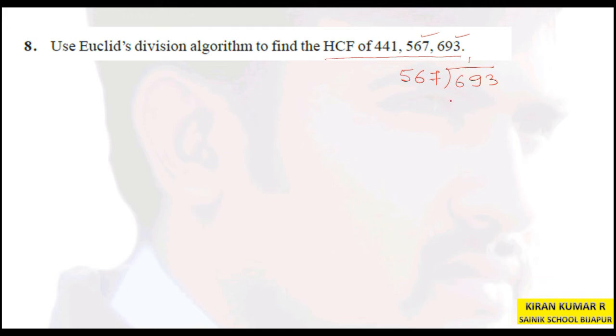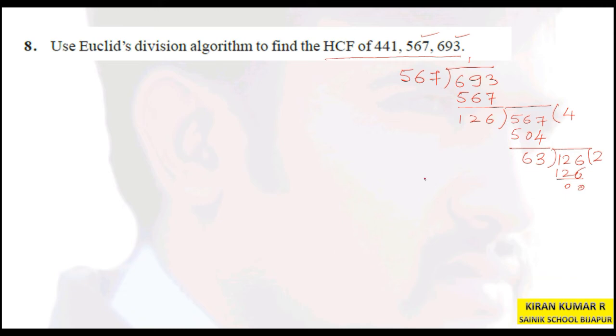693 divided by 567: 567 one time is 567 and it leaves the remainder 126. Since the remainder is not 0, I have to divide the previous divisor using this remainder. 126 4 times is 504 and I get 63 as a remainder. Now I need to divide this 126. 63 2 times is 126. So the remainder is 0.